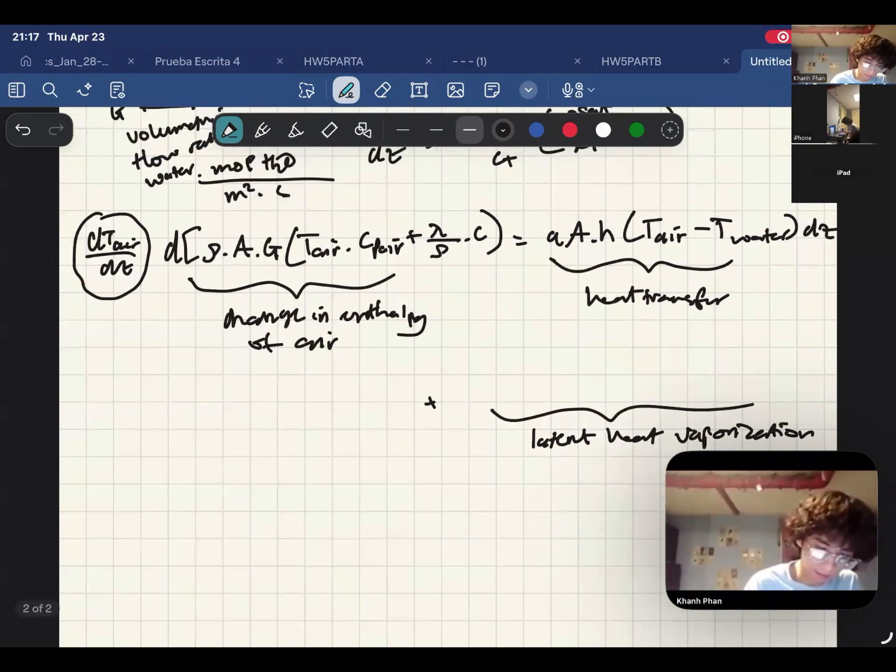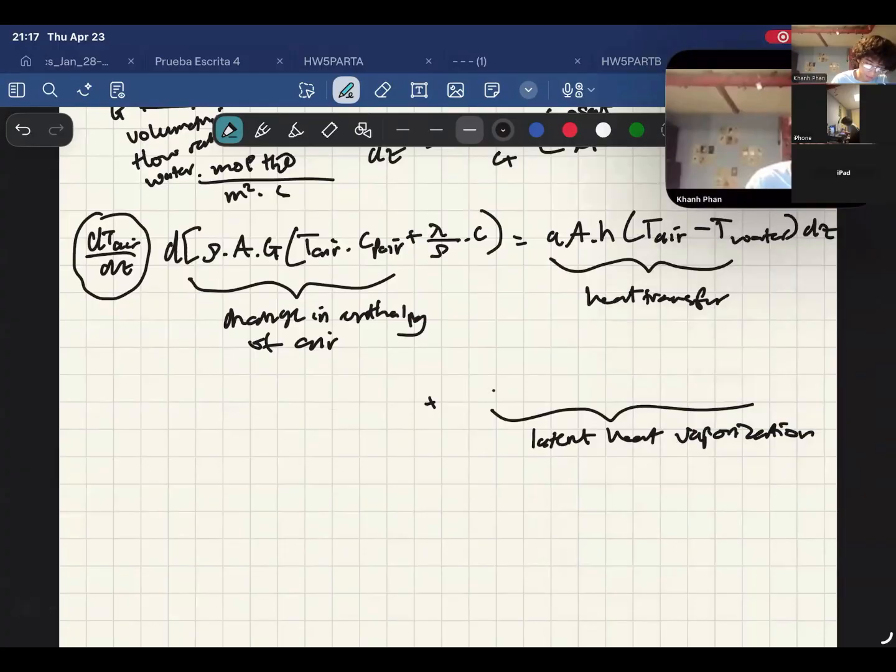And then down here, we would have kc times lambda times packing times concentration at the surface area minus concentration of bulk air times dz.